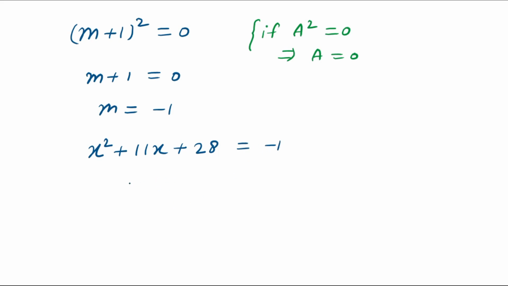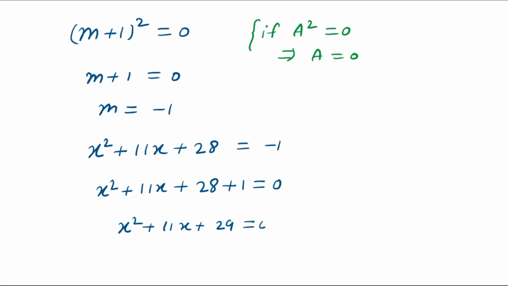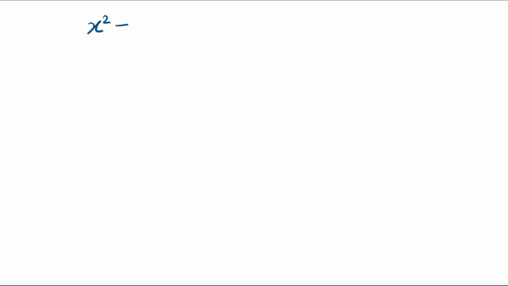Now if we take all the expressions on the same side, then x square plus 11x plus 28 plus 1, and this is equal to 0. x square plus 11x plus 28 plus 1 is 29, and this is equal to 0. Here x square plus 11x plus 29 is equal to 0.